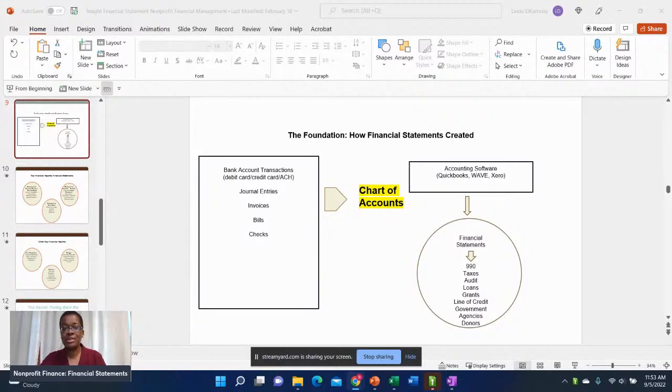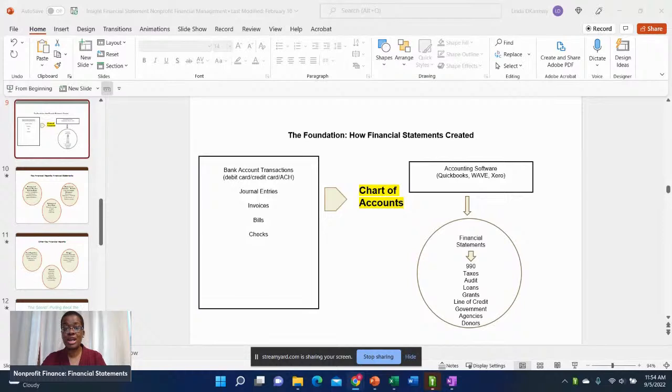First, I want to discuss the foundation of financial statements. You may have seen this slide before. I think it gives a picture of how financial statements are created. If you look on the left hand side, there's a box, and we have bank account transactions, journal entries, invoices, bills, and checks. All of those financial transactions go into the chart of accounts, or into a particular account. The chart of accounts is basically categories. So you have salaries, you have rent.